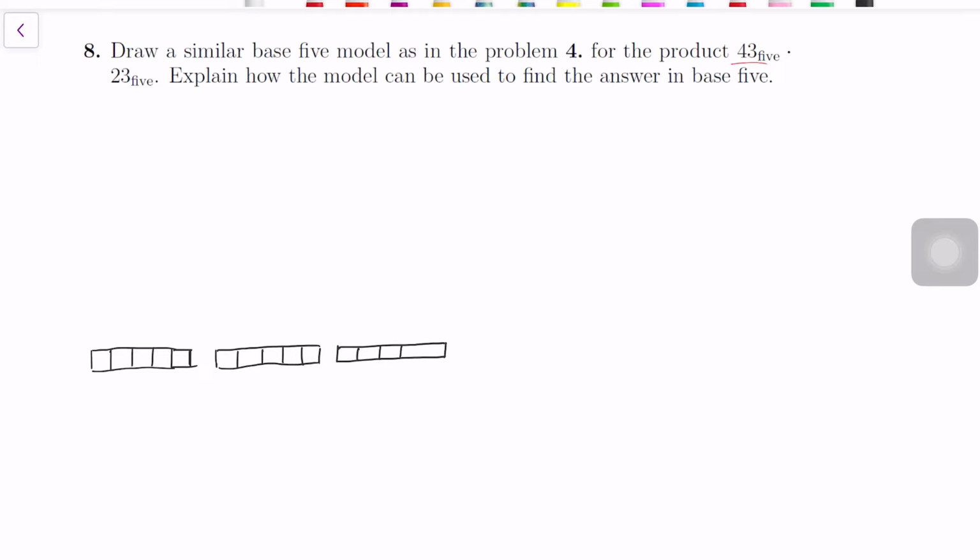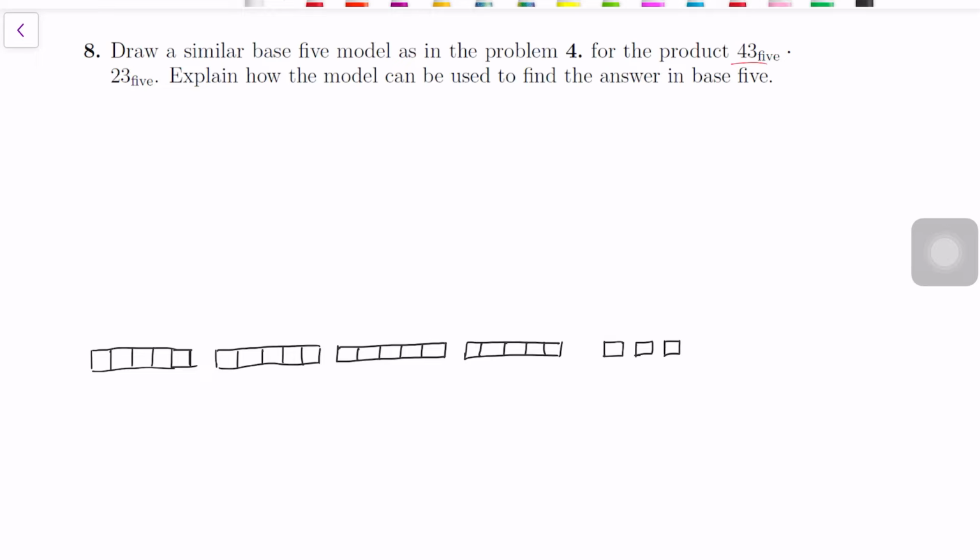Okay, so we have 4 longs and 3 units. So we're gonna draw it here.